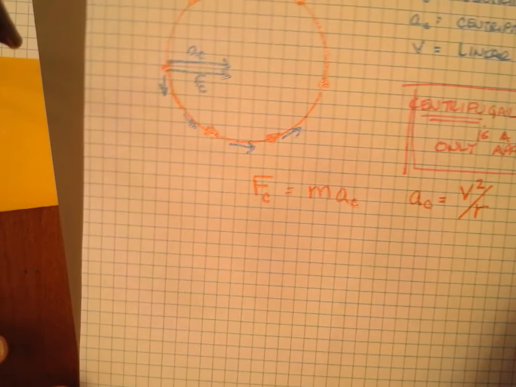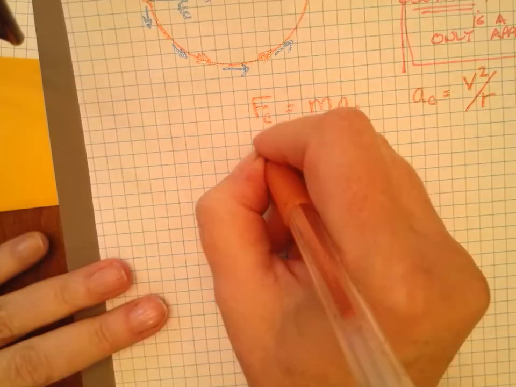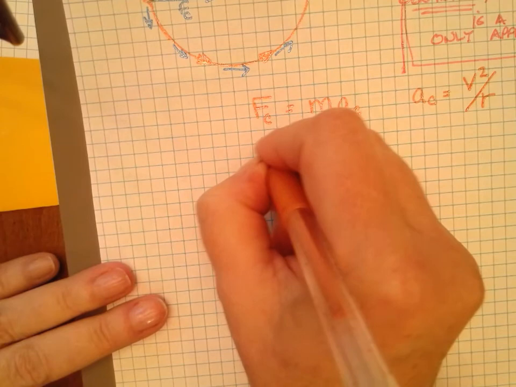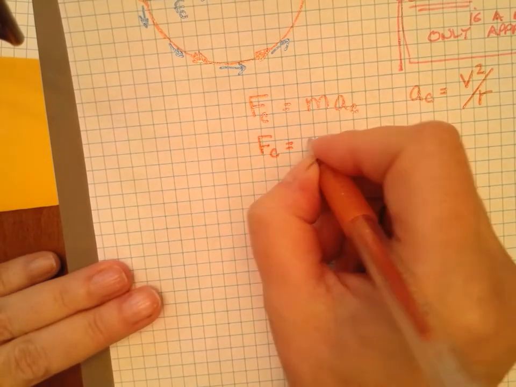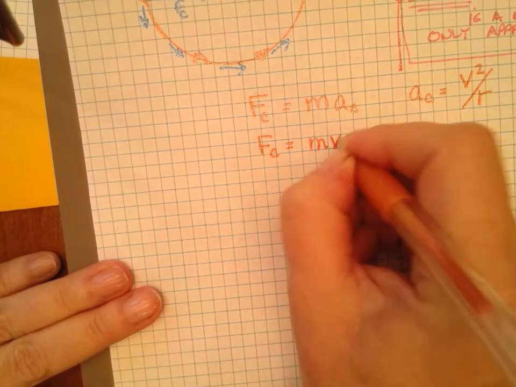And if I do a substitution, that means that my centripetal force is equal to mass times velocity squared divided by the radius.